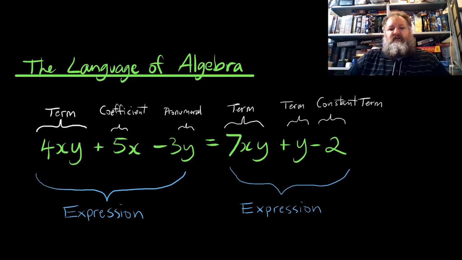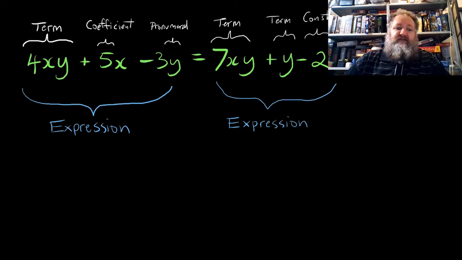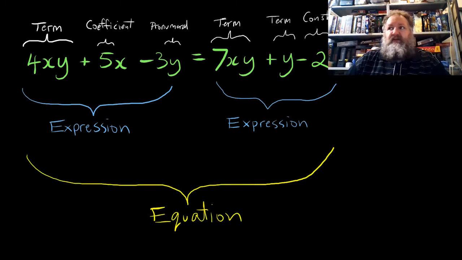But when you have an expression and an equal sign and another expression, that is what is known as an equation. The equation is the whole of it, both sides with the equal sign in between.